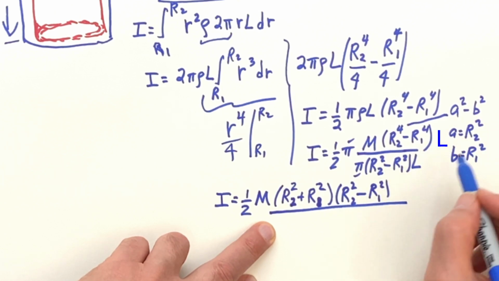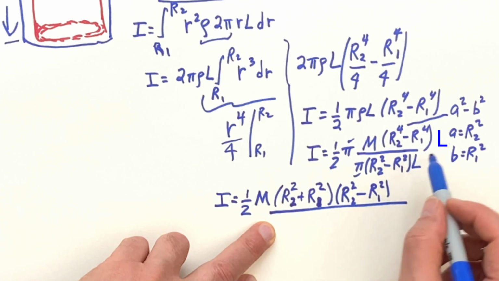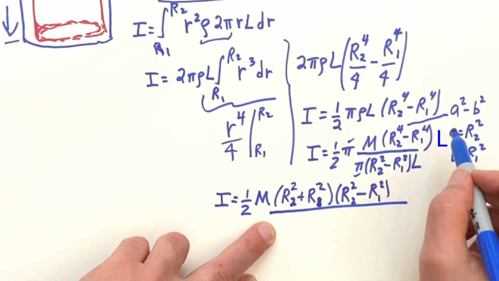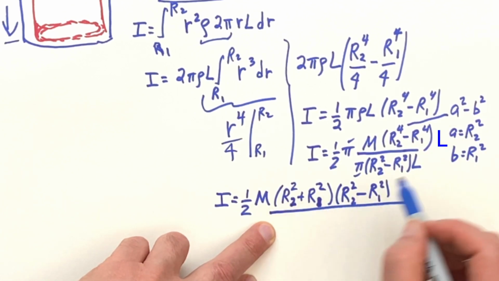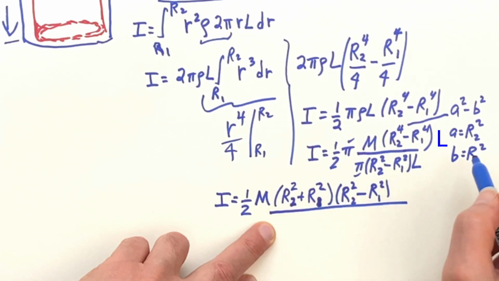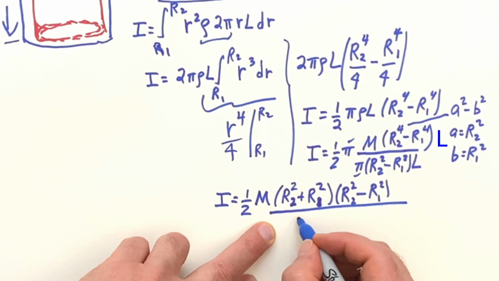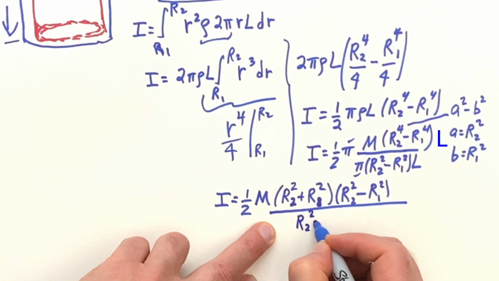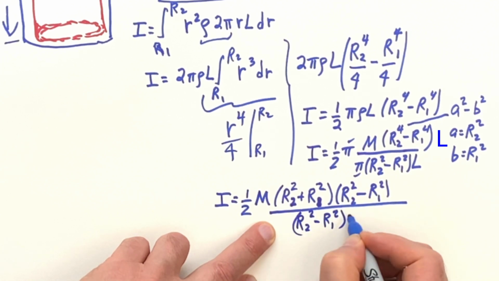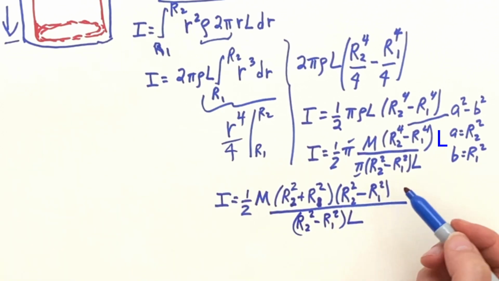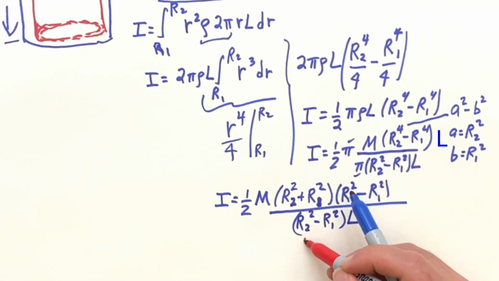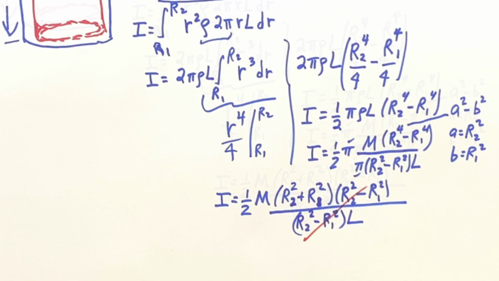So we have A plus B, R2 squared plus R1 squared, and A minus B, the difference, over R2 squared minus R1 squared times L. Now you can see that these cancel.